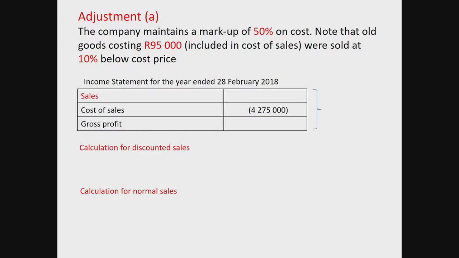So the item will be sales. It will appear in the trading section, in the calculation. So the 95,000 is being sold for 10% less than 95,000.